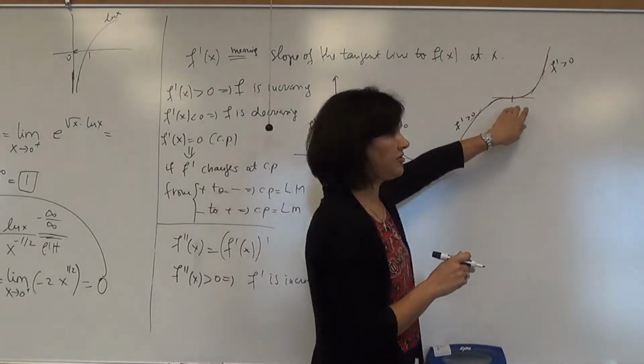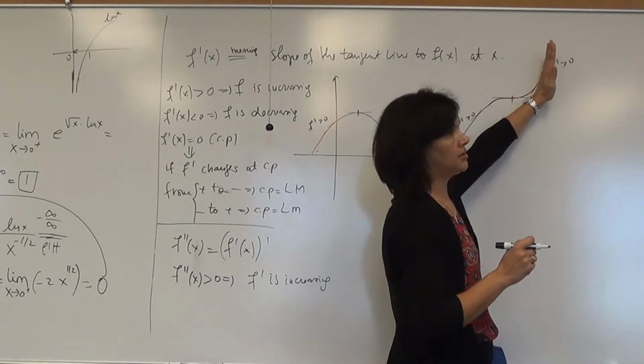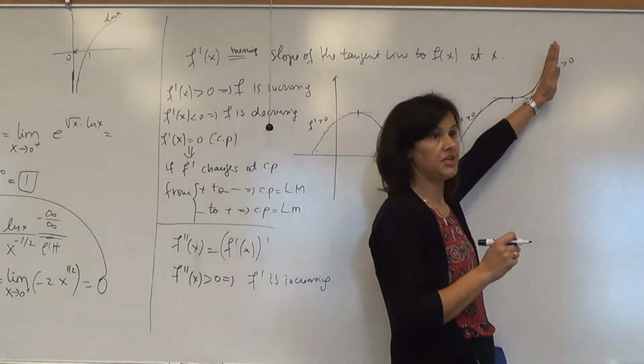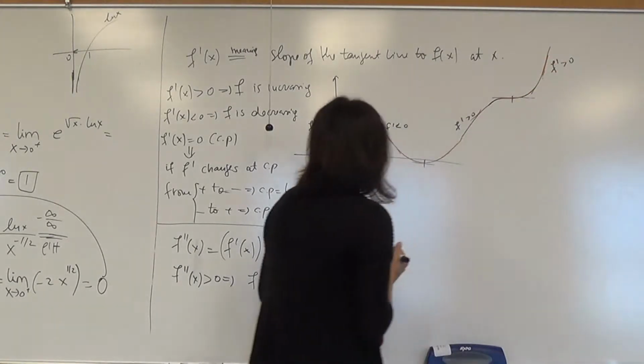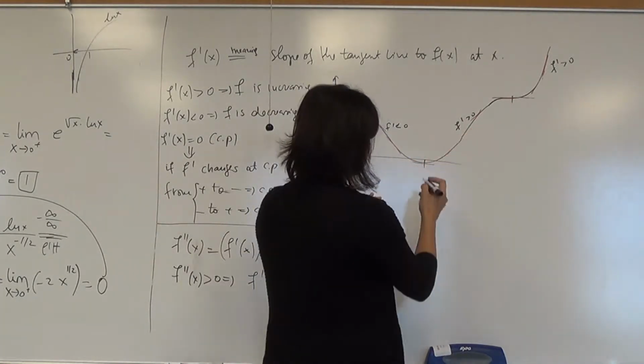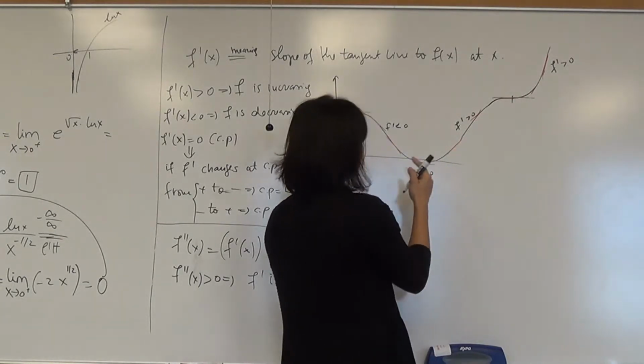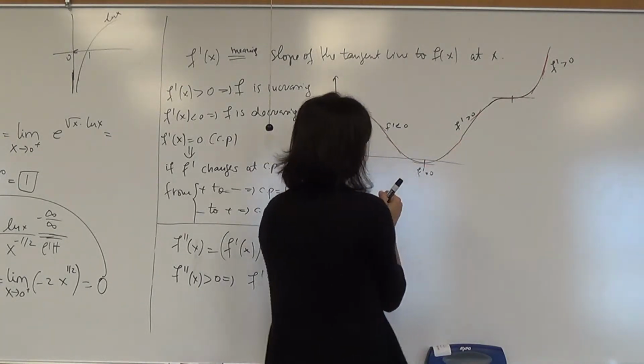For example, here f prime is 0, and then it's getting positive and closer to being vertical. Or here, from f prime equals 0 it is getting positive. So it's increasing. What do you notice in these cases?